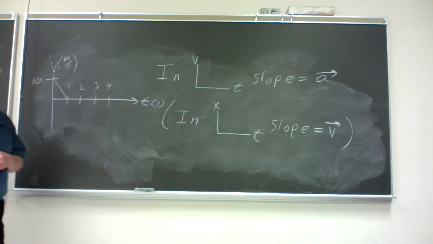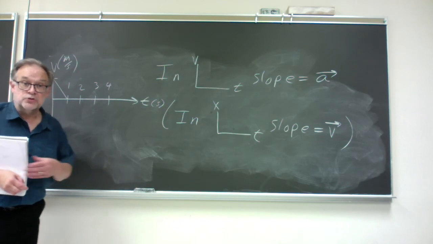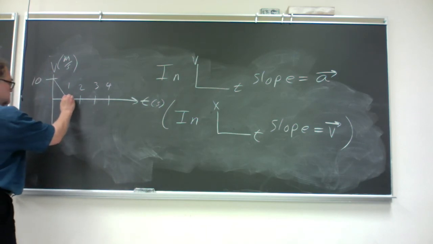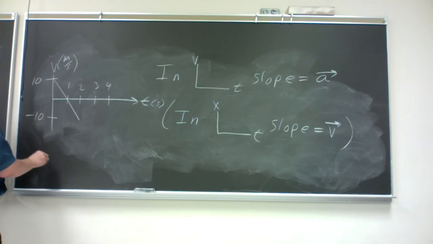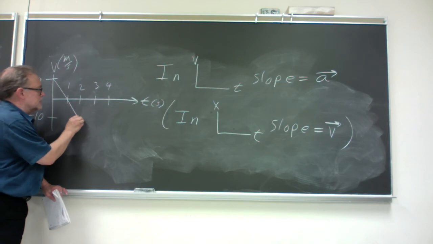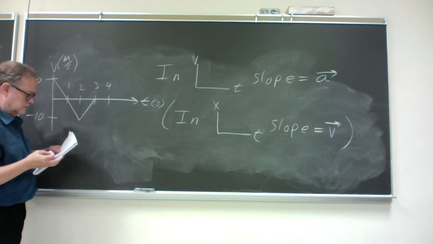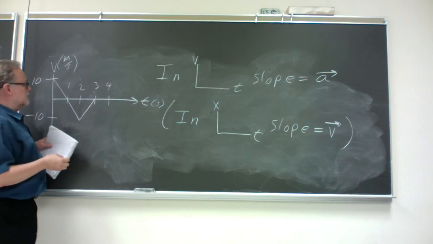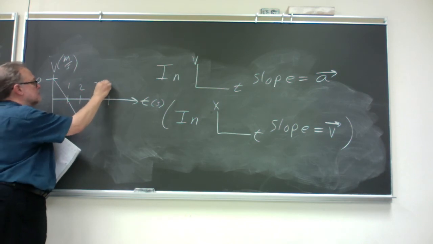And then during the second, it's going to be moving in the negative direction, and the velocity will change from 0 to -10. And then in the third second, the velocity will change from -10 to 0, like that. And then in the fourth second, the velocity will change from 0 to +10.